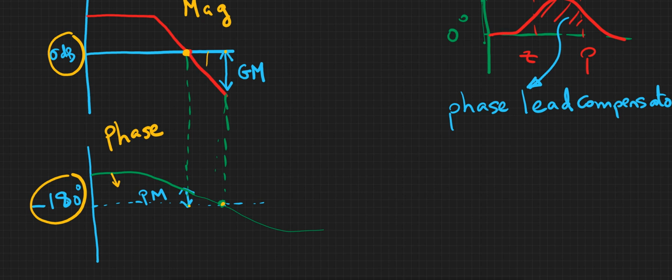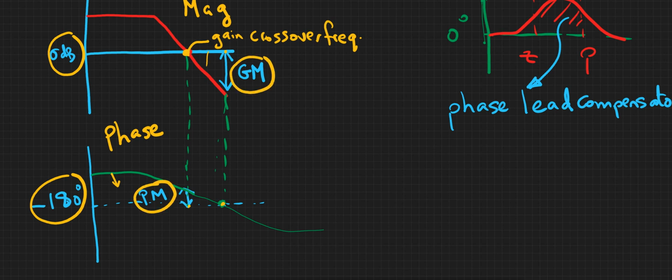If you bring this phase plot downwards until it reaches minus 180 and it coincides with this gain crossover frequency, this is the gain crossover frequency, when this happens, then we tend to have this instability.